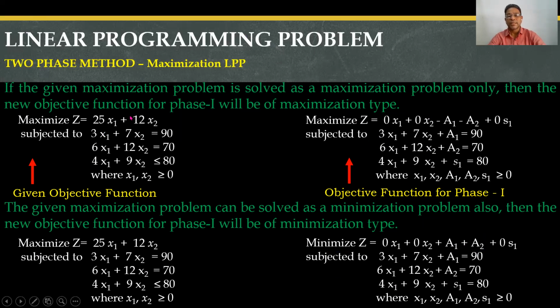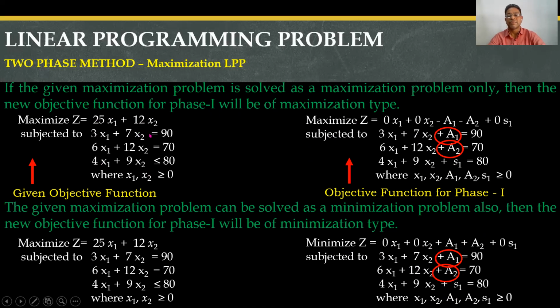So you can see it's the same problem which can be solved as a maximization problem or a minimization problem. But if you are solving it as a maximization or minimization problem, there are certain changes that you have to make that you should note. Also remember that here, this will always be plus a1 plus a2, whether you are solving as a maximization problem or a minimization problem, because here I told you that we will add the artificial variable.